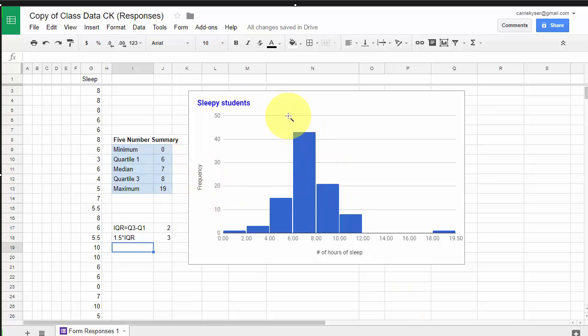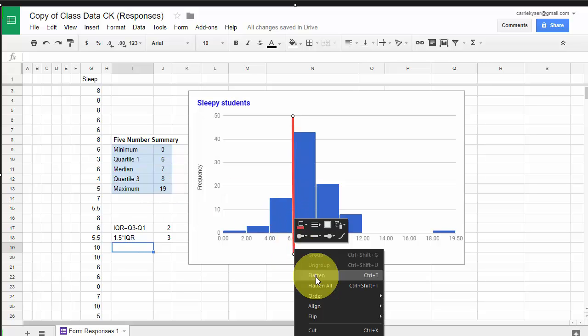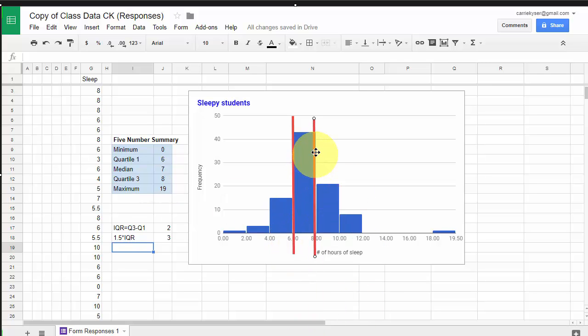So the first quartile is right here, right about there. And the third quartile is at 8. So the third quartile is right there. And then the method tells us to go out 3 units to the left of quartile 1 and to the right of quartile 3.